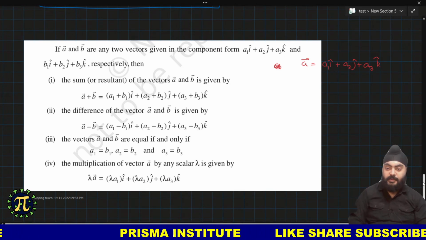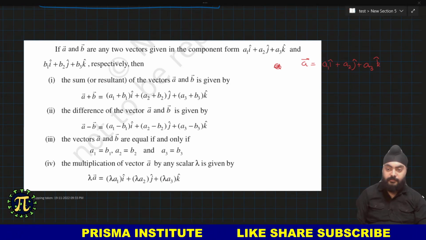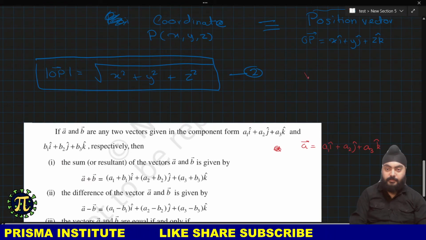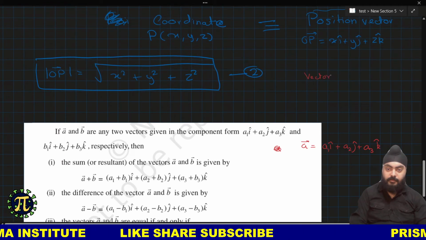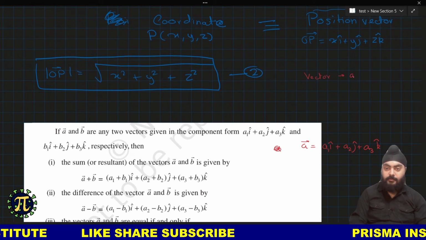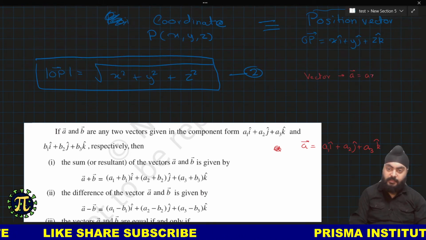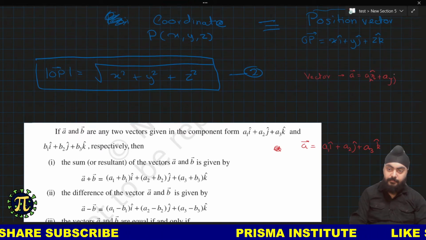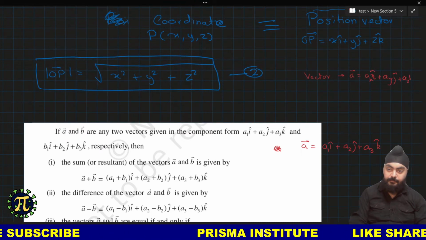So let me write here what are scalar components and what are vector components. So let's say I have a vector A, which is ax I cap plus ay j cap plus az k cap.